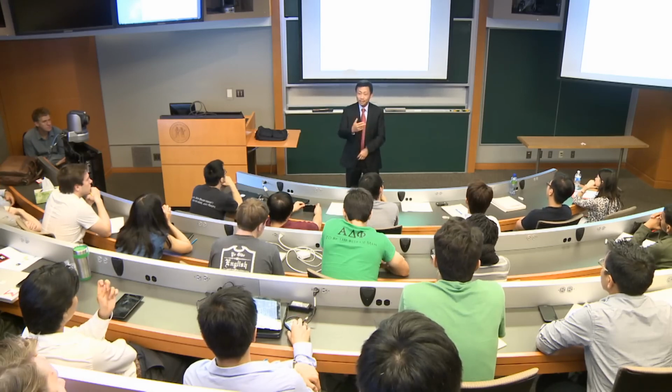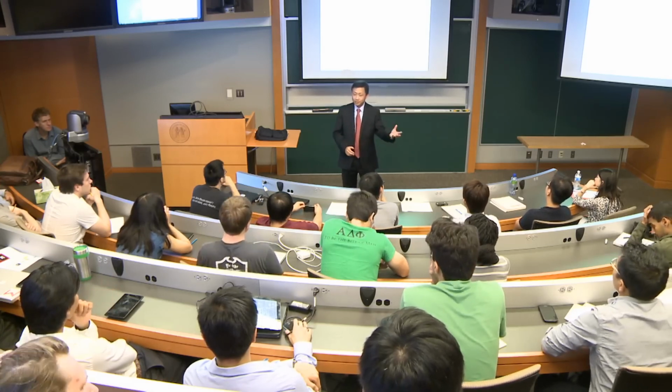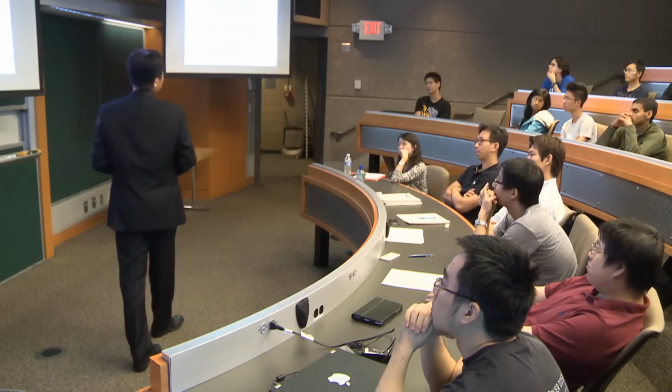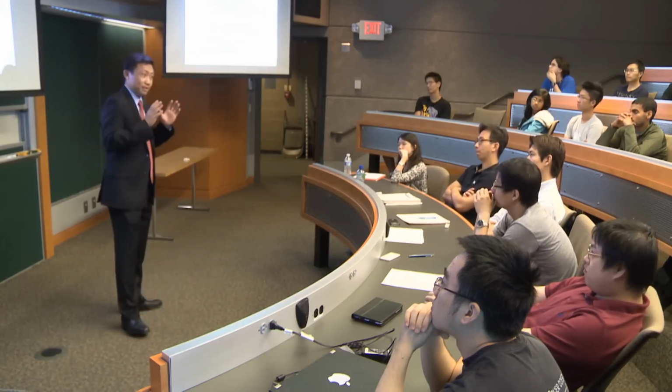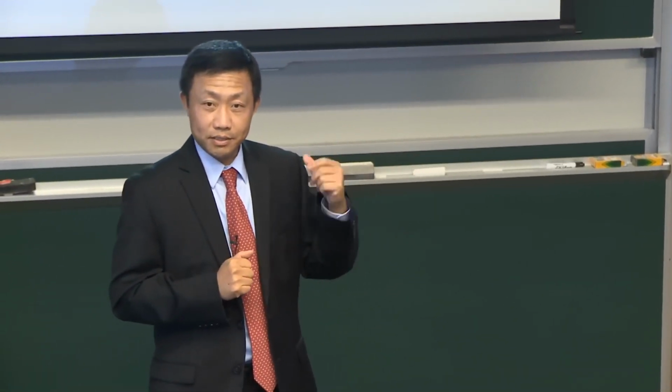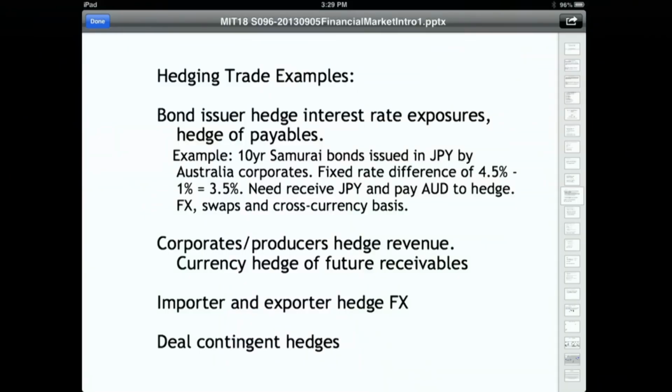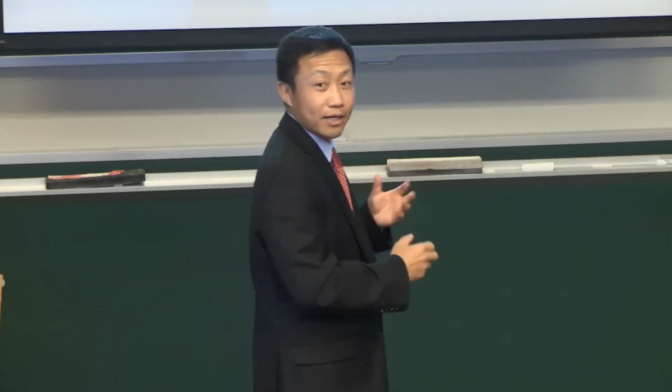Basically you sell the Australian dollars and buy the Japanese yen. Or in interest rate terms, you pay the Australian dollar in the swap leg and receive yen. So this involves a foreign exchange trade, an interest rate swap, and a cross-currency swap. So your answer about the currency forward is roughly right, but it obviously involves a bit more in actual execution.